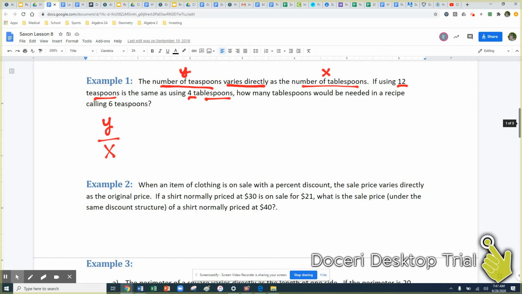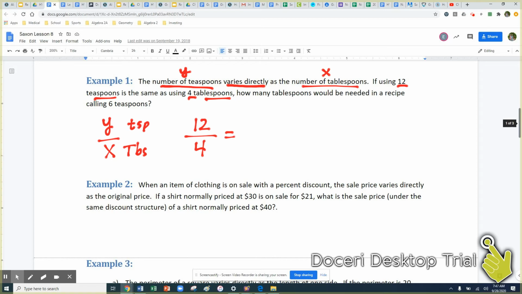And then lastly, we say how many tablespoons is needed in a recipe of 6 teaspoons. So just to keep track here, our y is representing our teaspoons, x is representing our tablespoons. So we've got this ratio, 12 teaspoons is equal to 4 tablespoons.